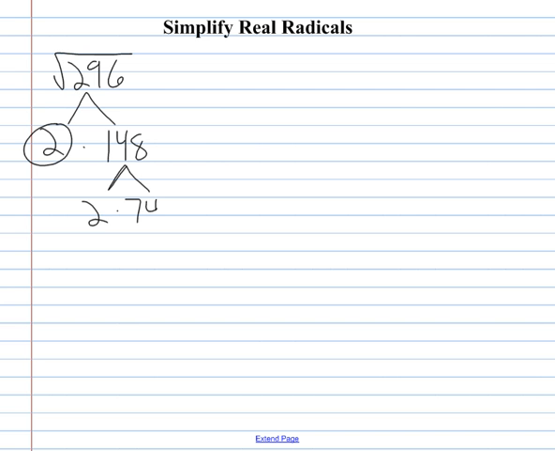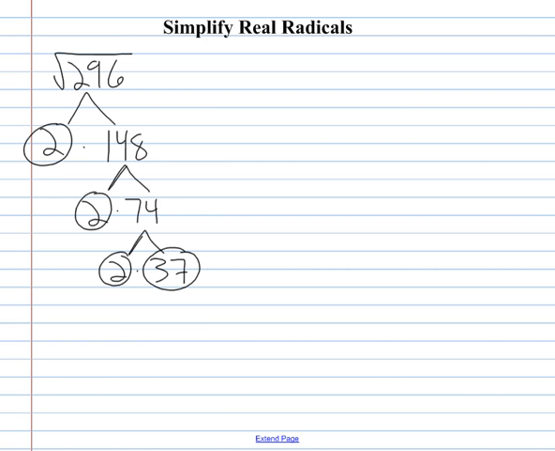All right, if we look at another example, a little larger number, radical 296, we're going to do the same thing. We're going to make a prime factor tree, find our pairs because those are perfect squares. I usually start with 2's if I'm not sure of a larger factor, but this would be 2 times 148. 2 is prime. 148 is 2 times 74. 2 is prime. 74 is 2 times 37. 2 is prime, and 37 is also prime.